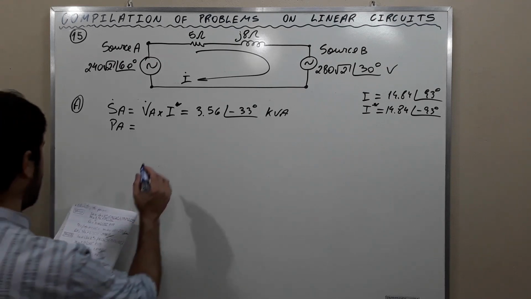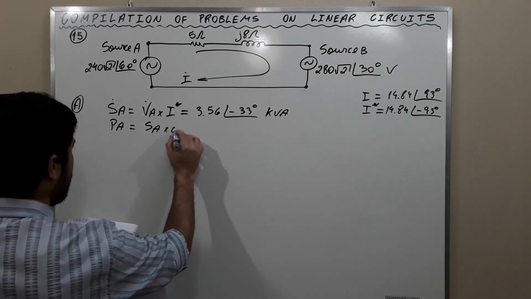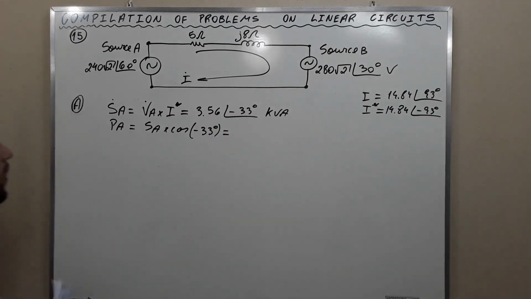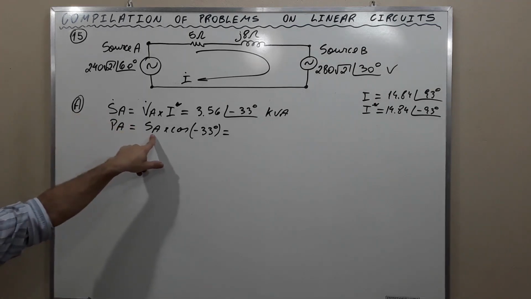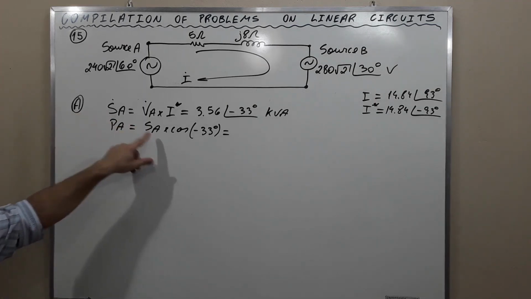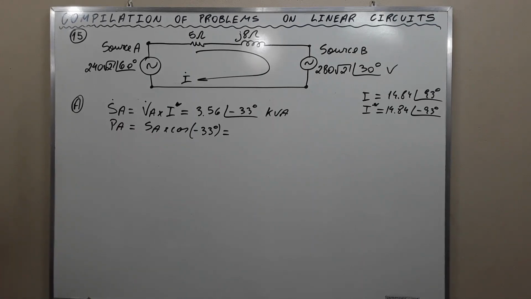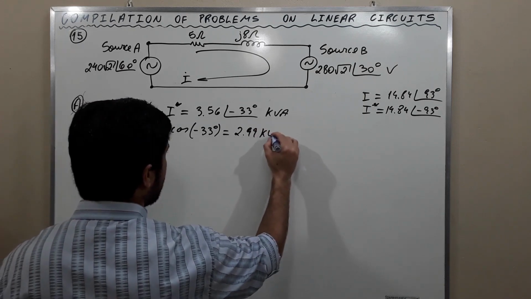And this is equal to SA without the dot times the cosine of negative 33 degrees, okay? The apparent power is the magnitude of the complex power. The complex power has magnitude and angle. And this is 2.99 kilowatts.